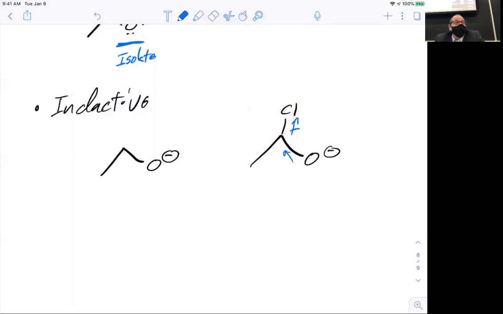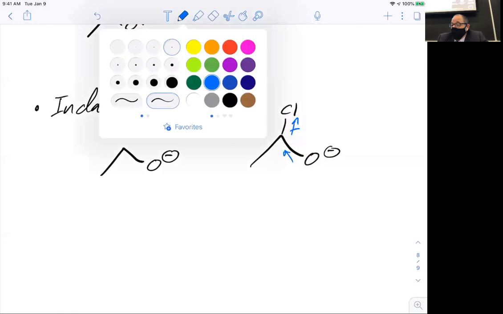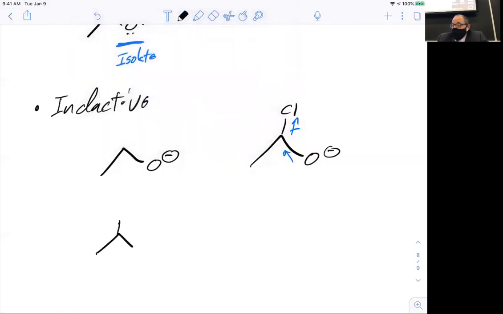Resonance is fully moving electrons; inductive is pulling electron density. So here we shouldn't see a tenfold difference, but we might see several decimal points, enough for us to say that this compound is more acidic than this compound.